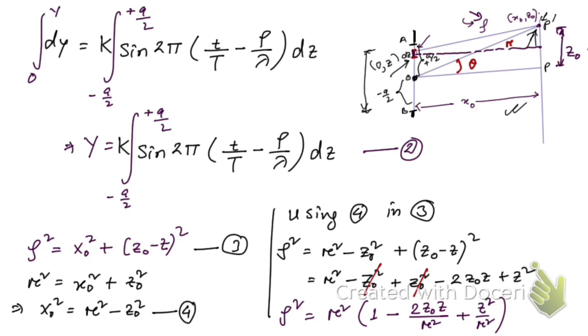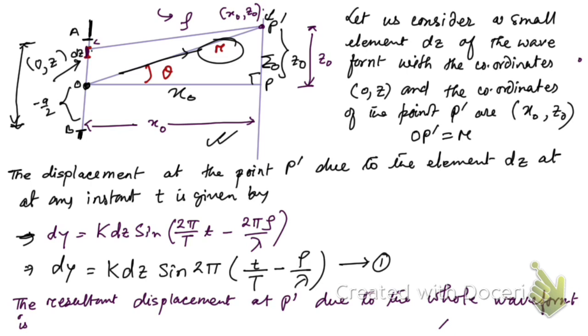Now you see this r is very much greater than z. Let me go back to the figure. Here you see this distance r, let me make it red. This distance r is very much greater than z, because we are considering that the screen is at a very significant distance, which is comparatively very large than z.